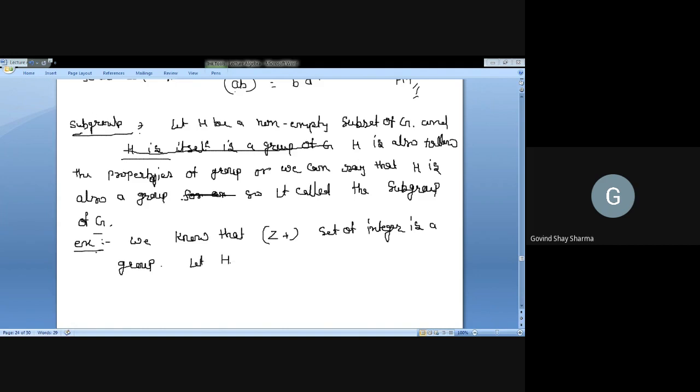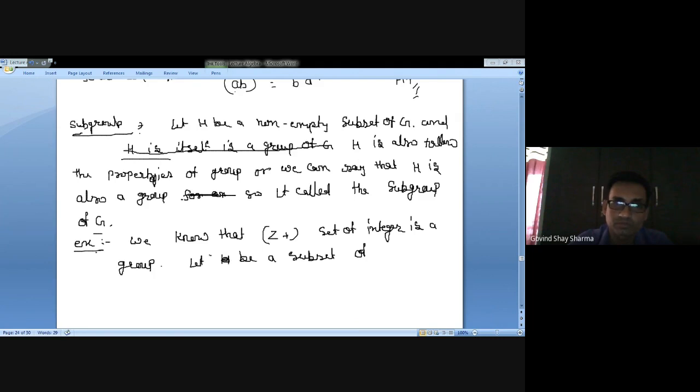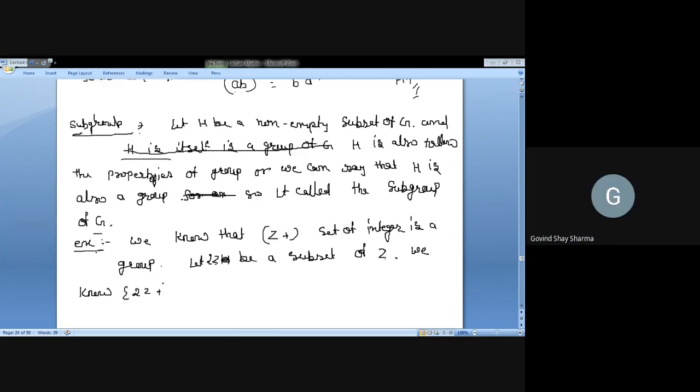Let H be a subset, say 2Z, a subset of Z. We know it also satisfies the properties of a group.